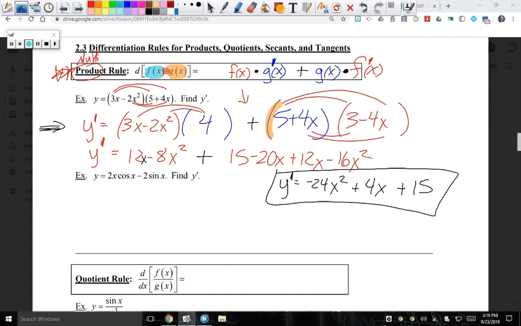let's go back just a little bit, and let's do what Omar was suggesting. What if I distributed this first one? 15x plus 12x squared minus 10x squared minus 8x cubed. If I did that and I just did power rule, look at this. We see negative 24x squared.